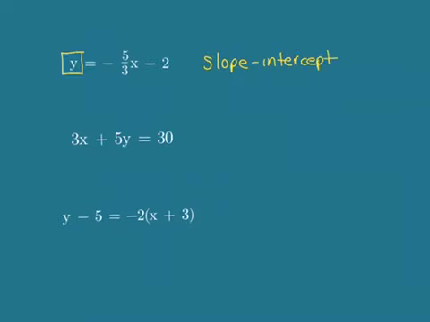The second one, x and y are on the same side, and we have no fractions, so we know that this is standard form. And then finally, this last one here, what we can see is that y is on one side, and then over here we have this multiplication, so this is our m times x minus x1 right over here, so this is that point-slope form.